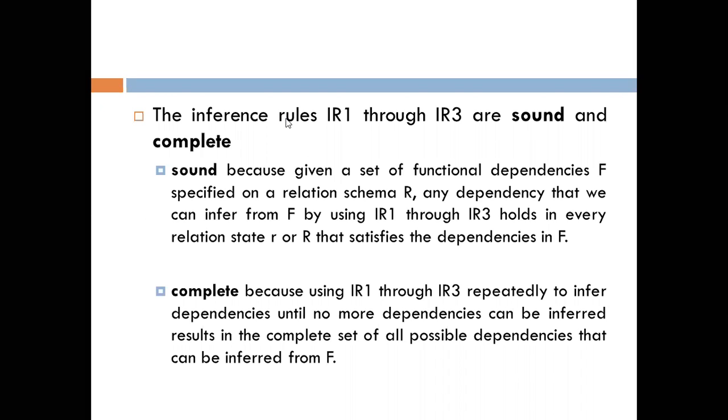They are complete because we can apply the reflexive, augmentation and transitive rules repeatedly to infer the functional dependencies until no more dependencies can be inferred, giving the complete set of all possible dependencies, and thus determining the closure. Since the closure of all sets of functional dependencies can be found using only these three rules, these three rules are said to be sound and complete.